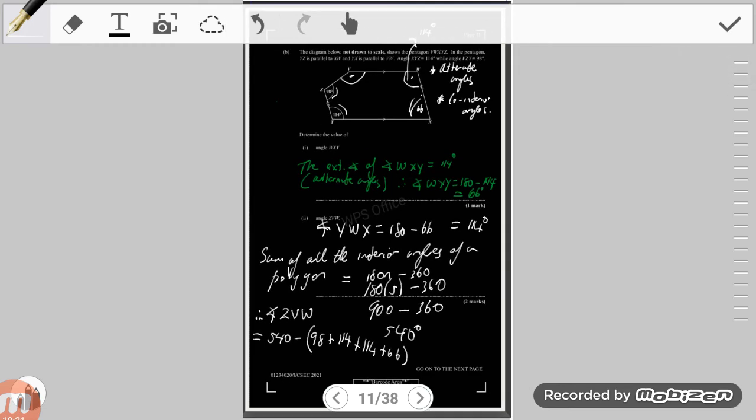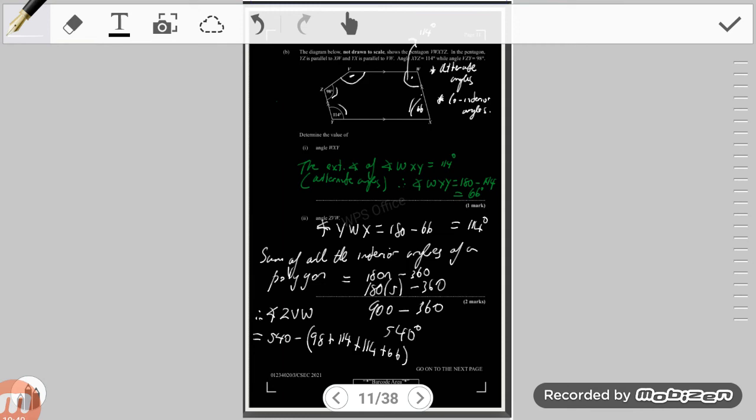Now let's add that up on our calculator here. Let's double check that again guys, so that's 98 plus 114 plus 114 plus 66. I did make a mistake earlier, I inserted 14.